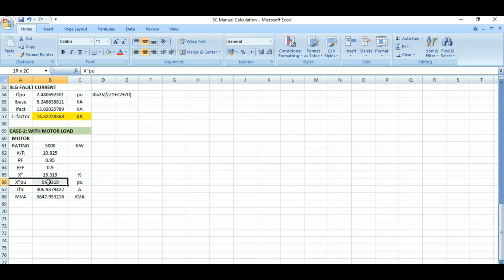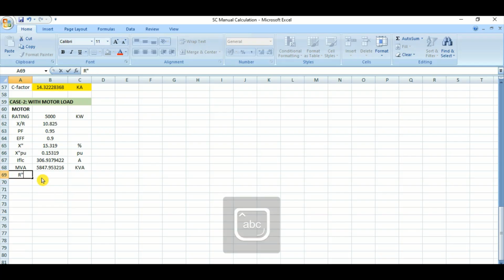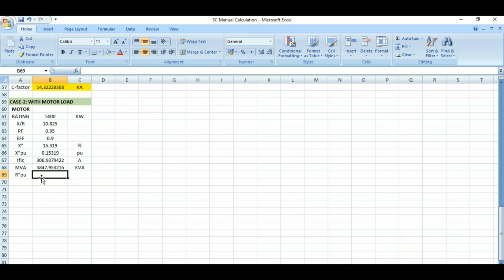So we have got this X dash per unit. What is the value of R dash per unit? This equals X dash per unit divided by X by R. So we know the motor X by R value.